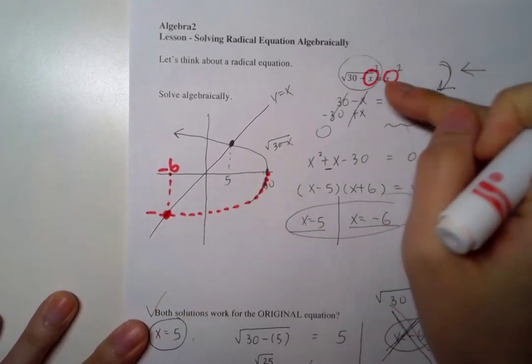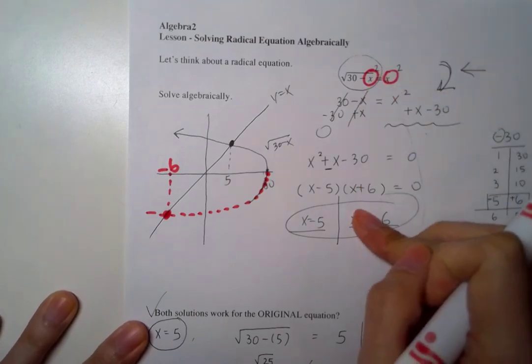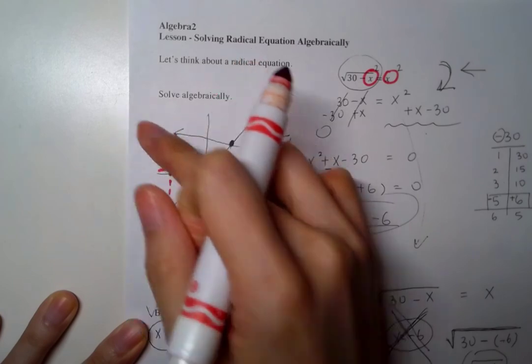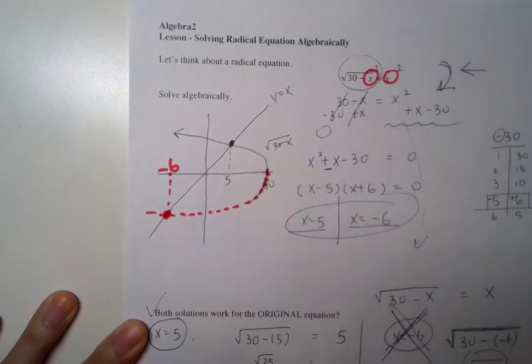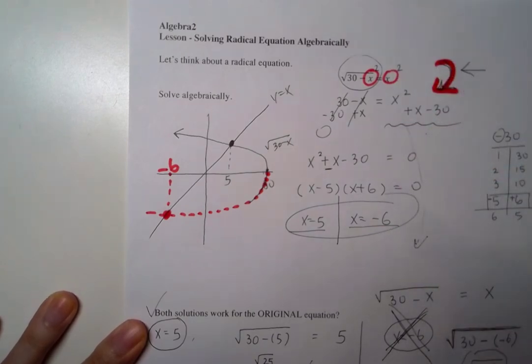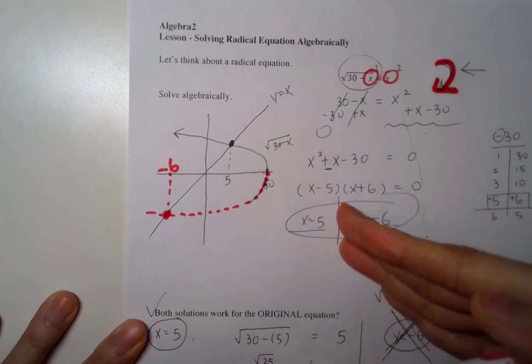Because when you square each side and solve it, you're solving this graph and that one. But there's no other way to solve it algebraically, right? So either way, we need to square it. But when you square, you have a chance to get extraneous solutions like this.